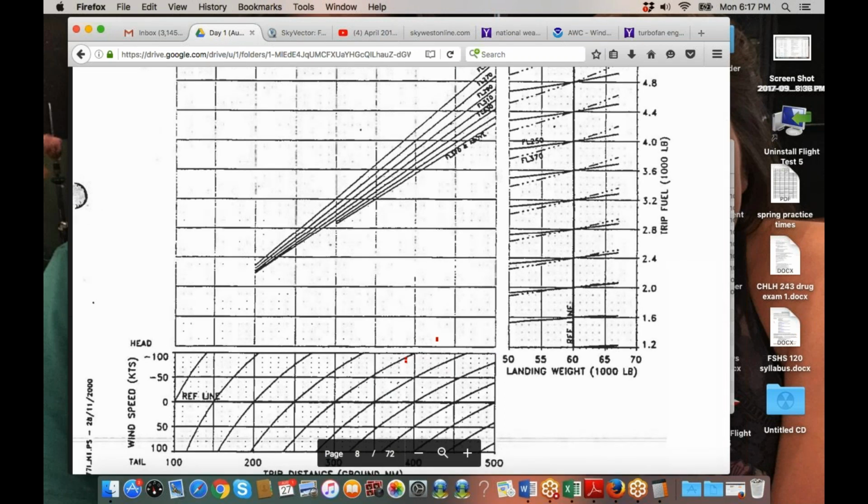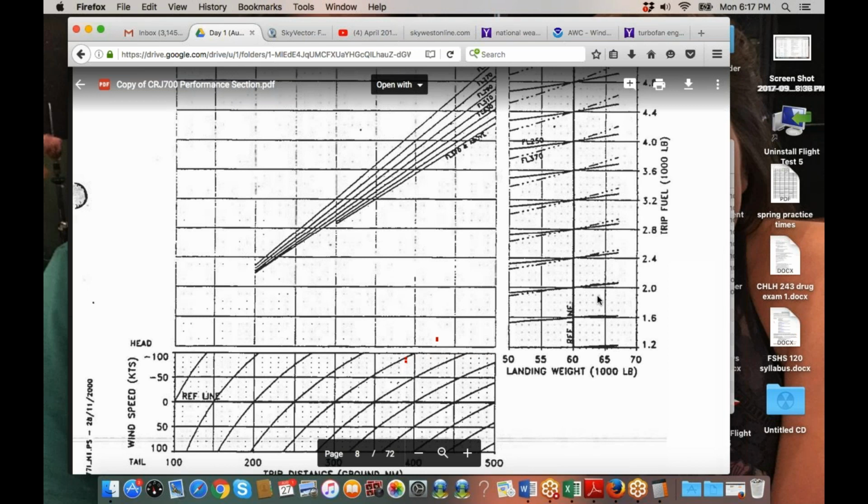So 380 up here, over to here. Okay, somewhere pretty close to this. So we get on that 290 line.